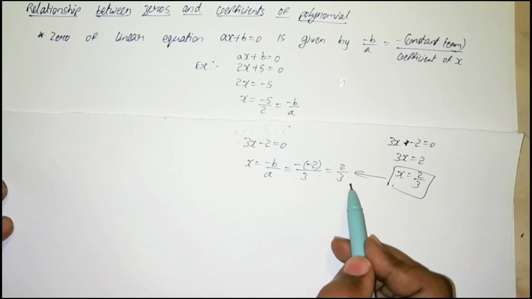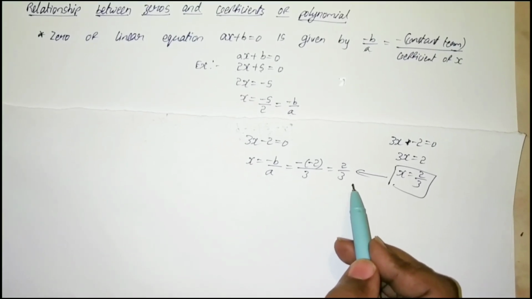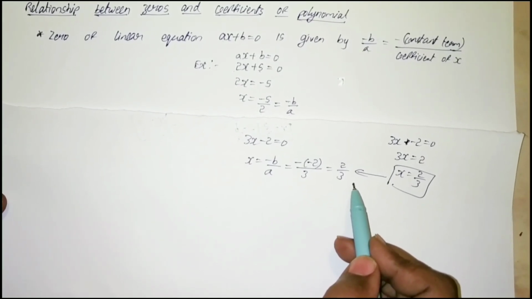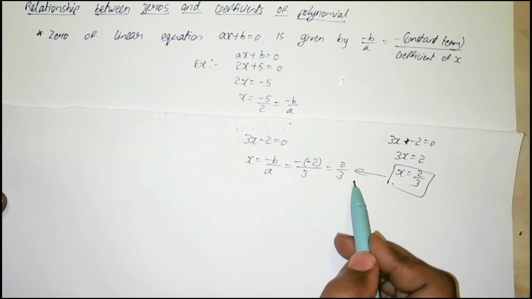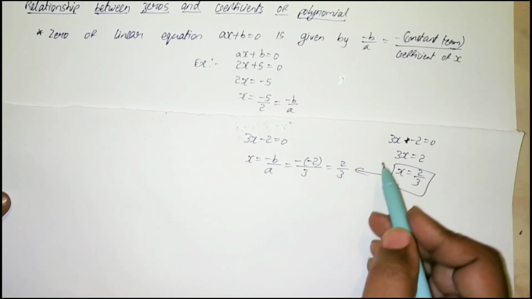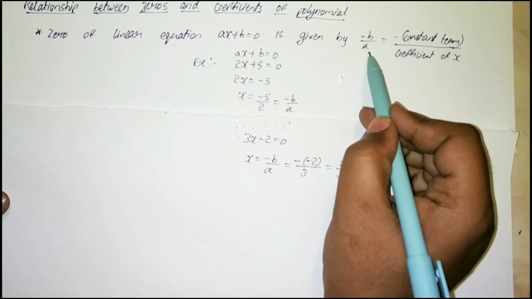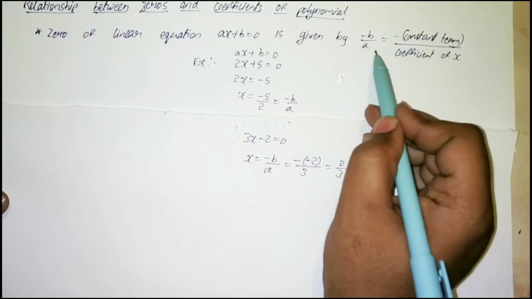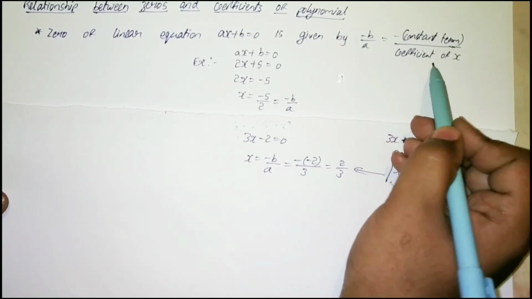So in simple words, for any linear equation, if we find the zero of that linear equation, then that zero will be equal to minus b by a. Here b is constant term and a means coefficient of x.